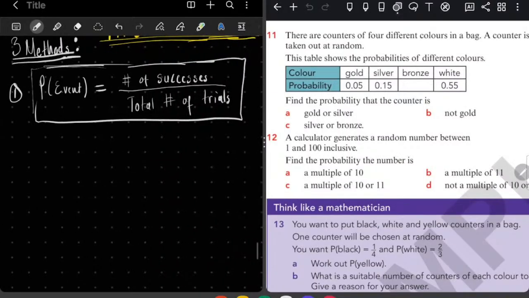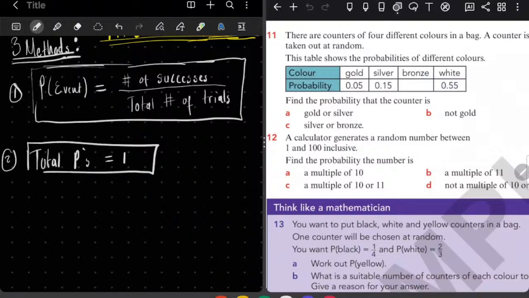Then the second one is total probability when you have events. The total of probabilities should be equal to 1.